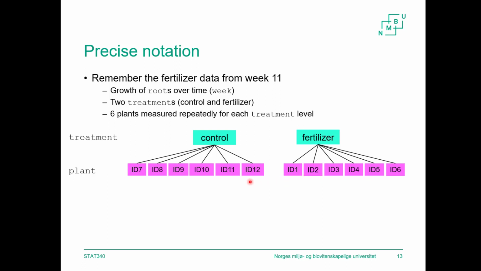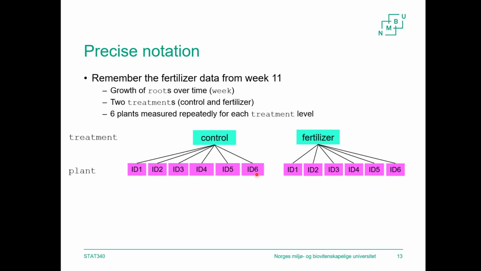But in many data sets, you will see that these 6 plants here have the same label as these plants over here. Notice this difference, right? This was the original one. This is the sort of, I would say, the stupid way of doing it, but this is quite often done.